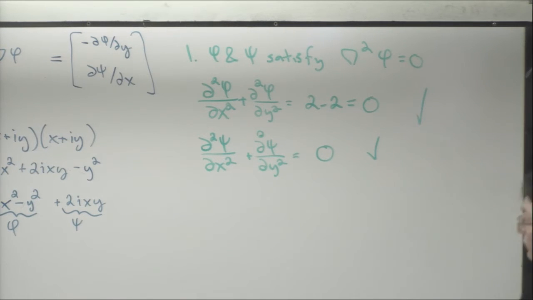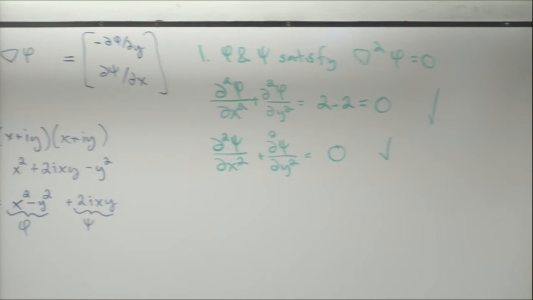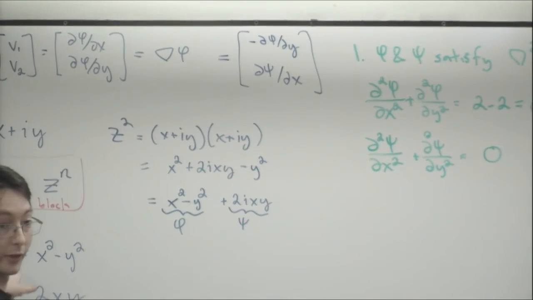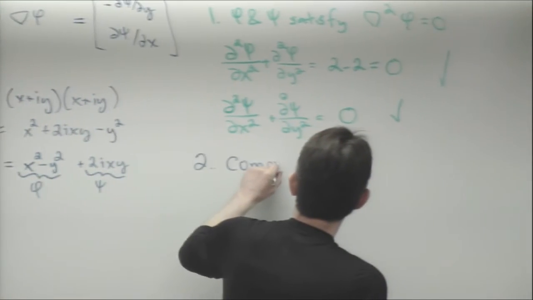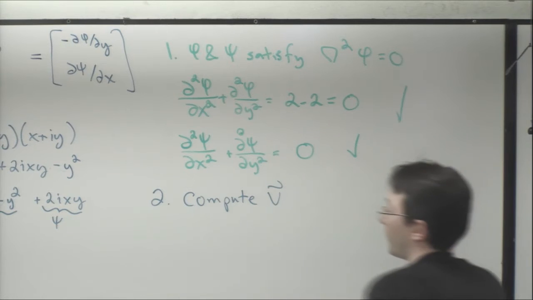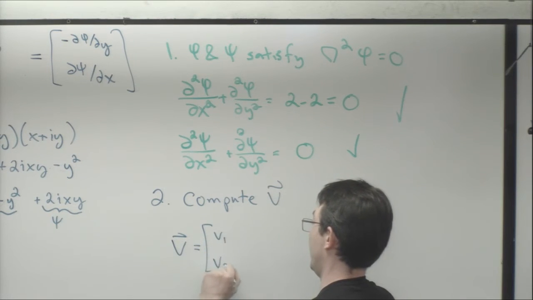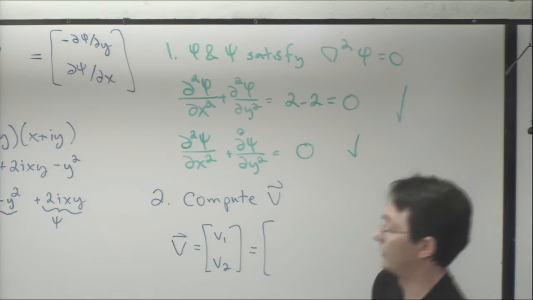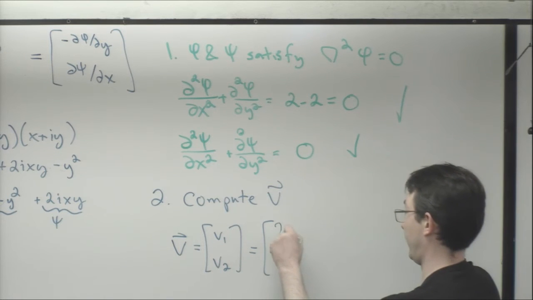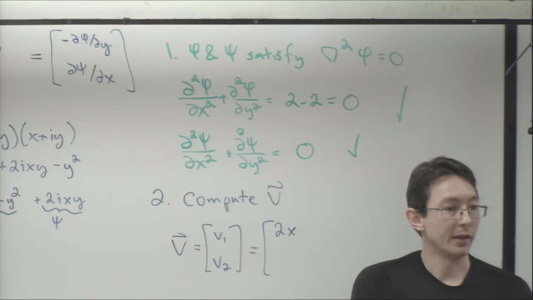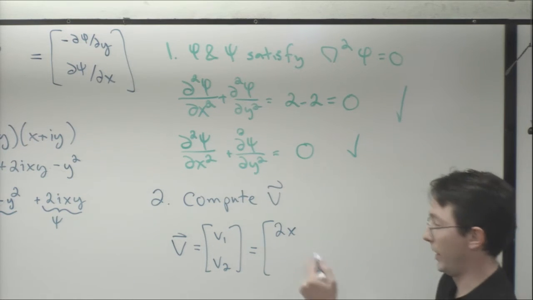Okay. So now let's compute the induced velocity field. Let's compute v using the potential function. So v equals v1, v2, and it's given by the partial of phi with respect to x, which is 2x, and the partial of phi with respect to y, which is minus 2y.